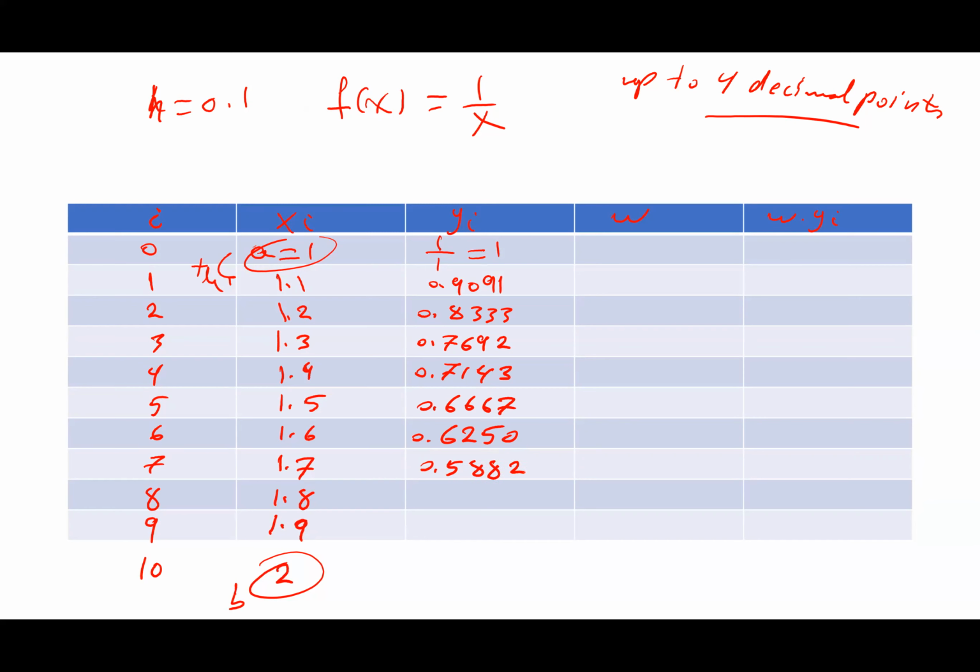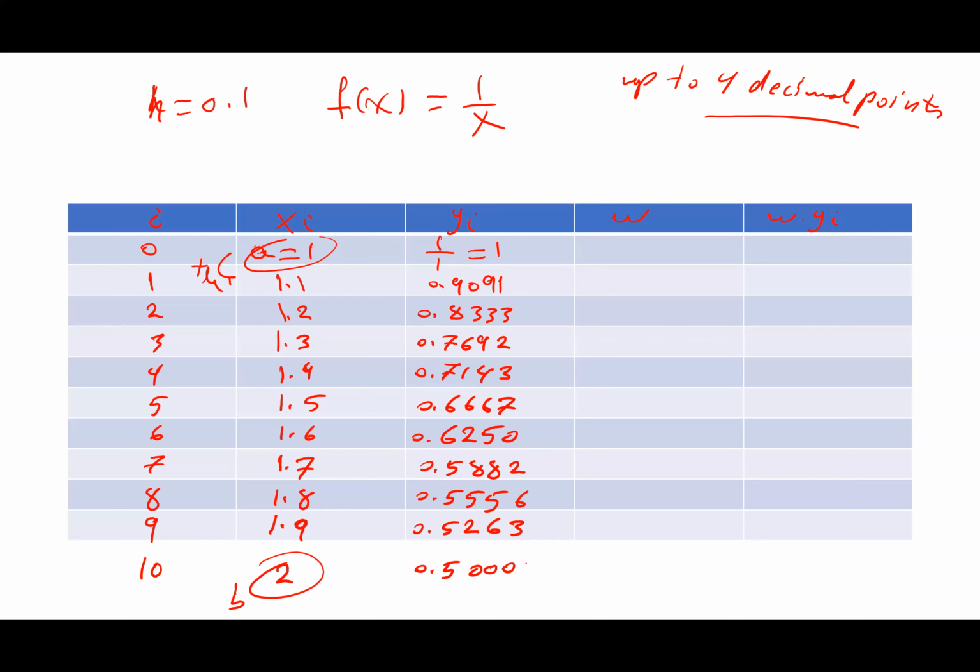If it is 1.8, it will be 0.5556. If it is 1.9, it will be 0.5263. And if it is 2, it will be 0.5000.